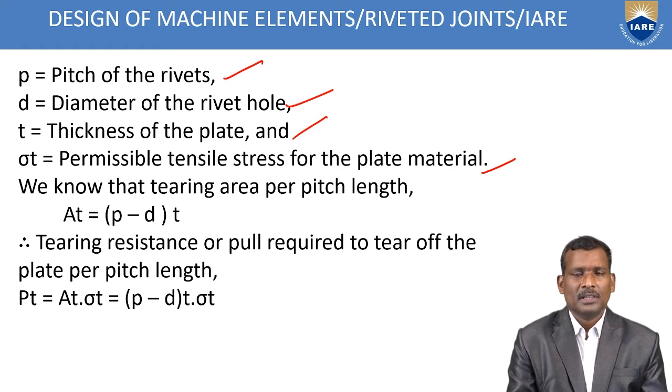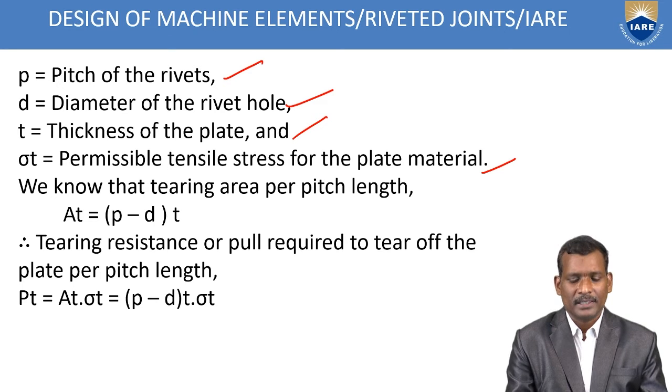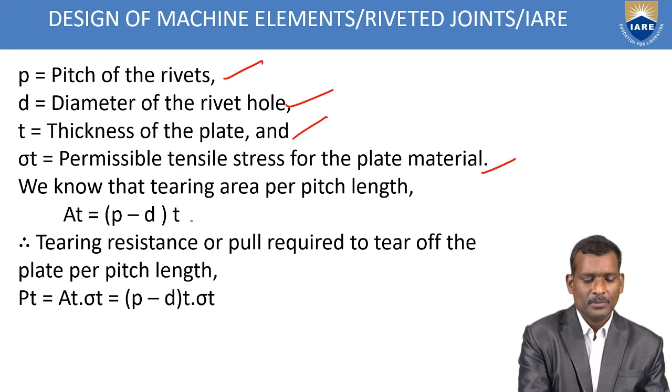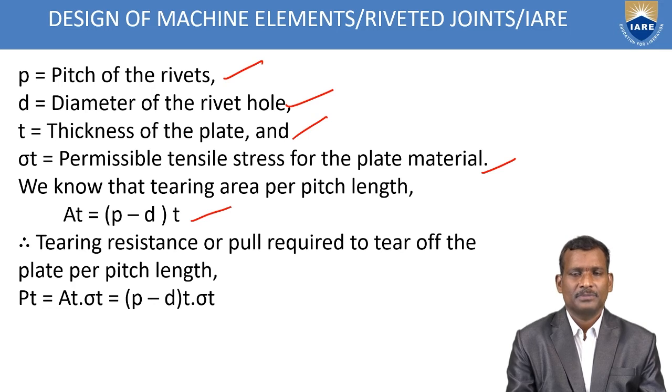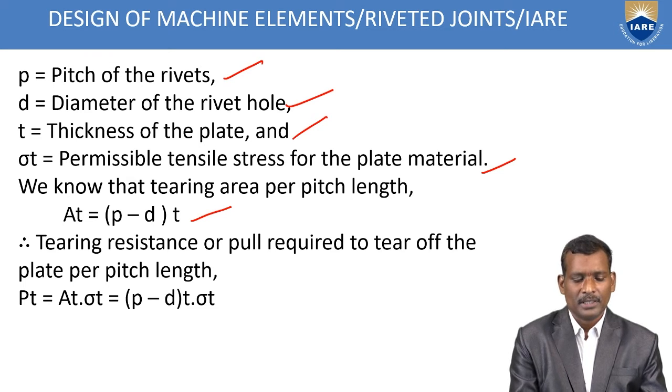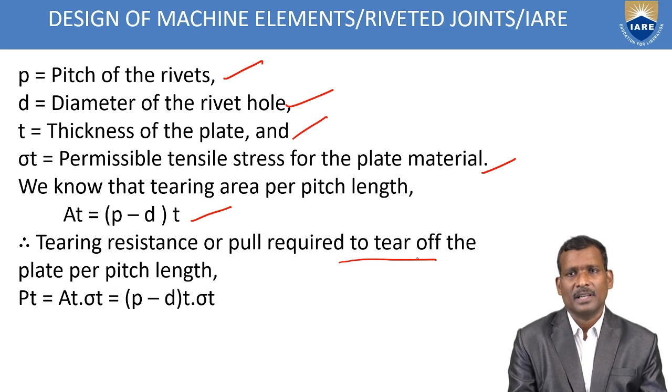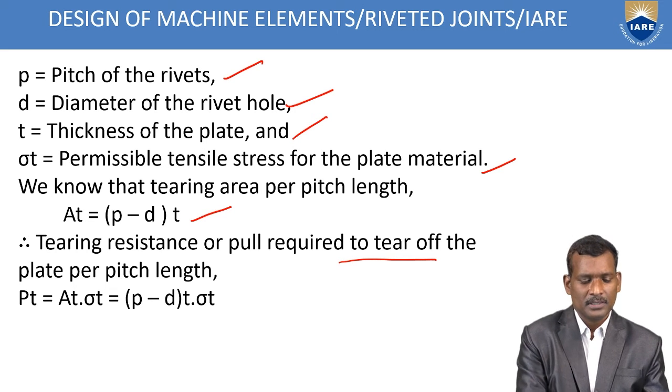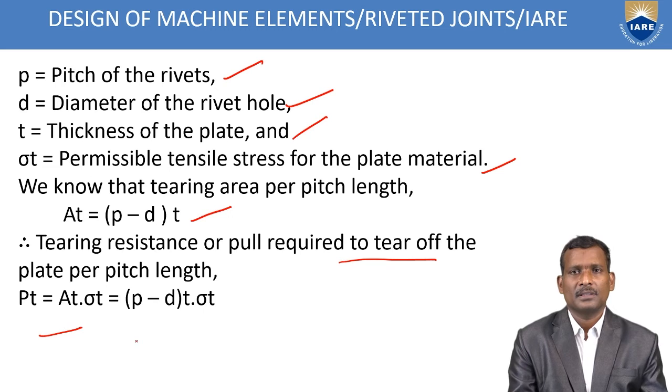Already we know that the tearing area for pitch length is (P minus D) into T, as shown in the figure. The pitch length P minus D multiplied by T gives the area. The resistance required to tear off the plate for pitch length can be calculated by using this relation.